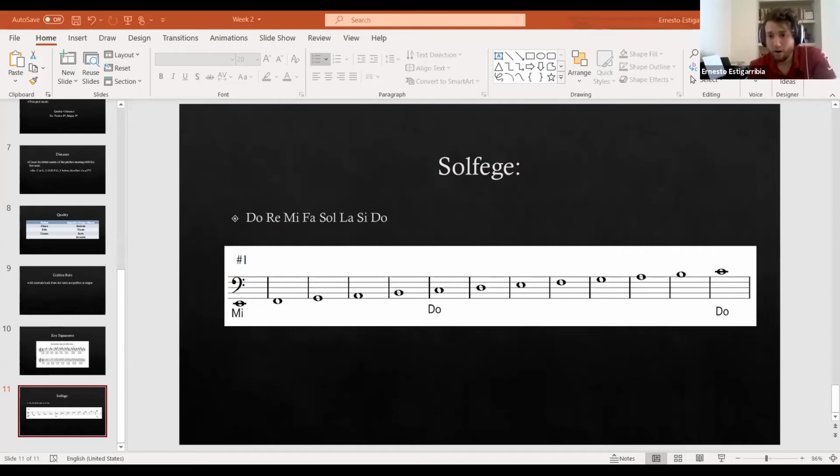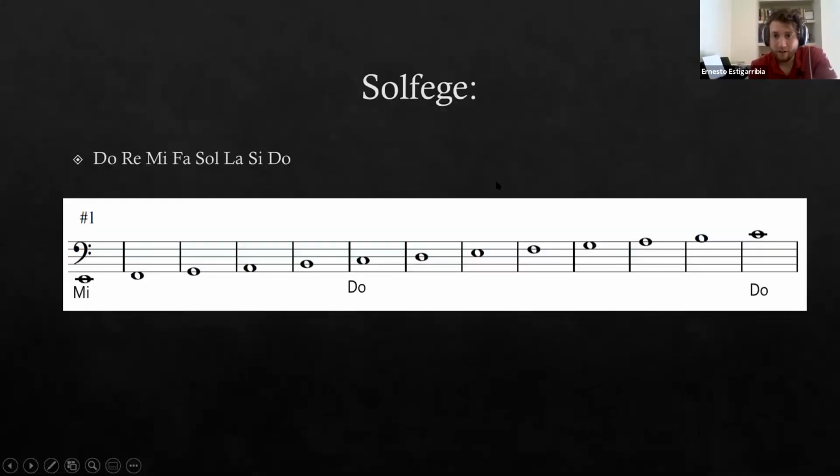Okay, the second page. This is a little bit easier, so we don't fry our brains here. You have to write in your worksheet. So this is the first line of the worksheet.